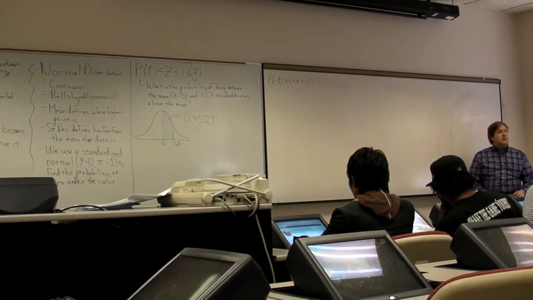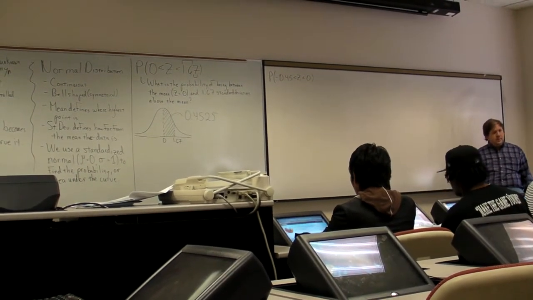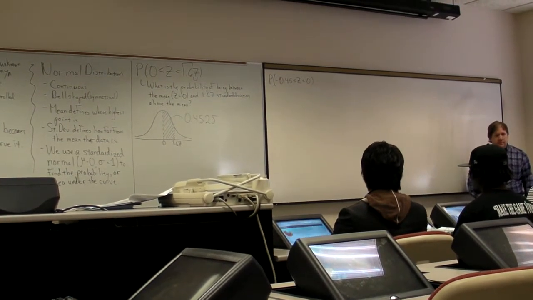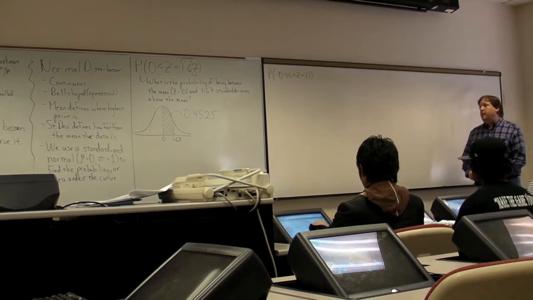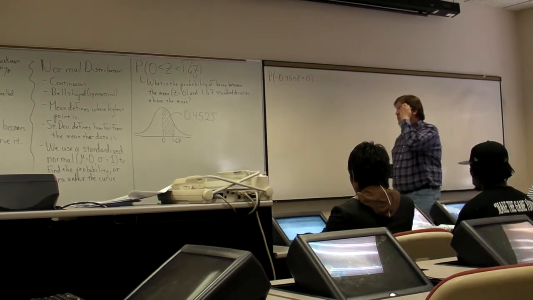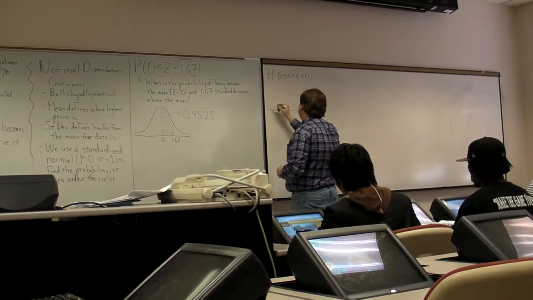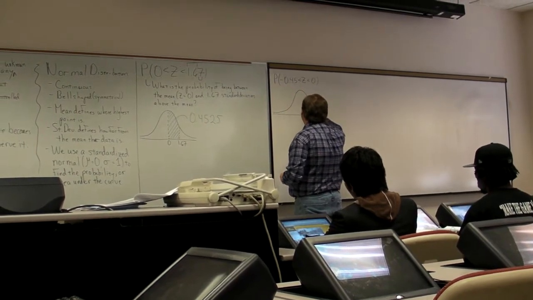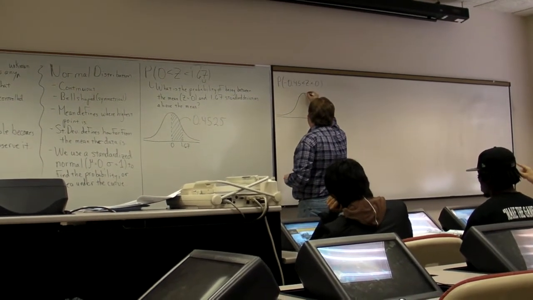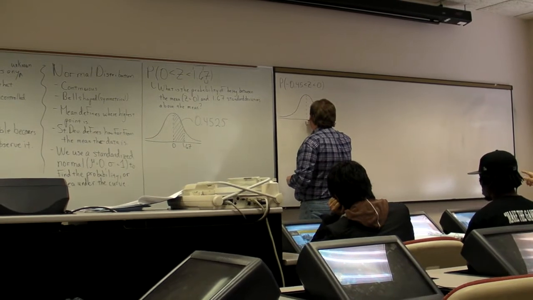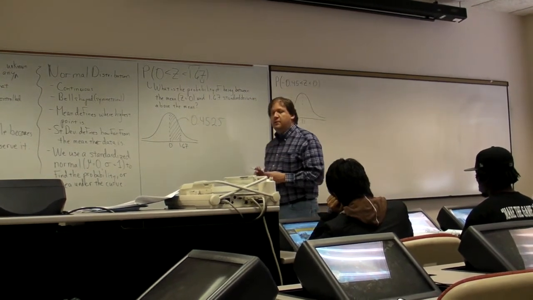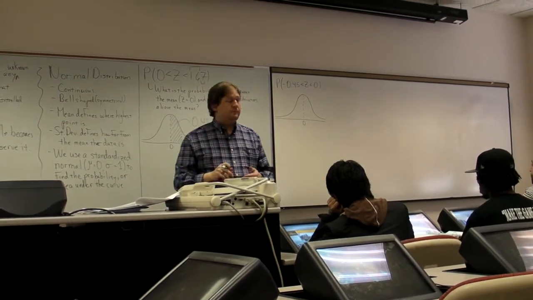Okay. So let's go through this one. This one actually turns out not to be difficult at all. In this case, again, we can draw this up. So again, we have our mean of 0 here.